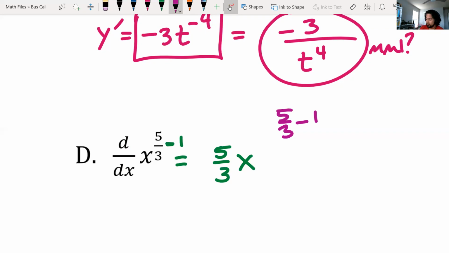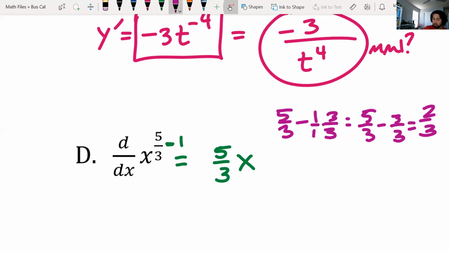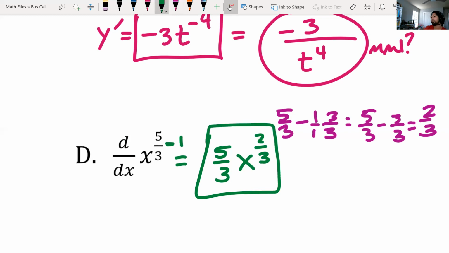Well, to subtract those, you have to change 1 into a fraction and get a common denominator of 3, which means you'll get 5/3 minus 3/3, which will give us our new exponent of 2/3. That's it. All right. Everybody good with that?